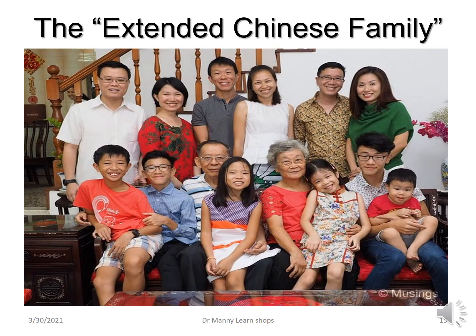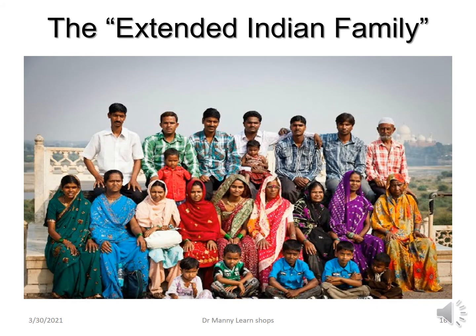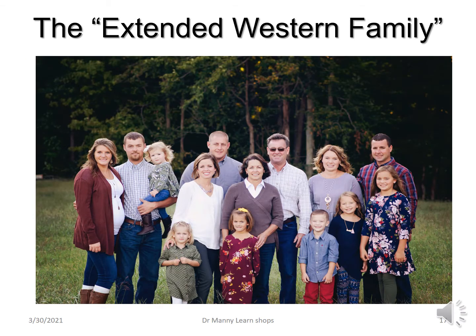This is an example of an extended Chinese family. This is an example of an extended Indian family. This is an example of an extended Western family. So it can occur in all types of cultures.